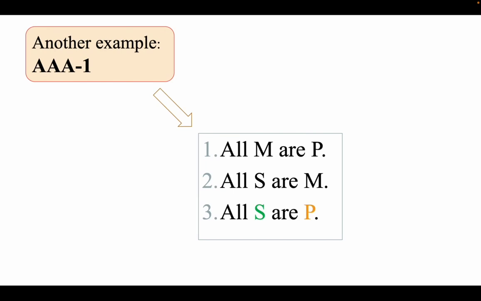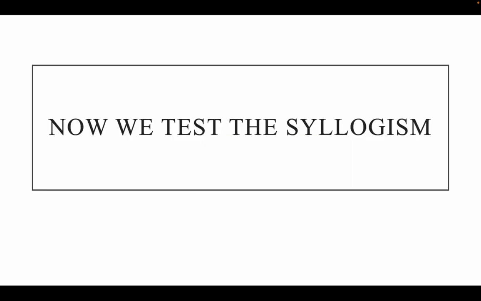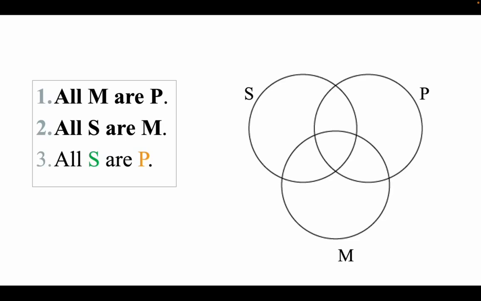Another example, AAA1. All right, so you write out the premises and the conclusion, and now you test it. How do you test it? Once again, you have 3 Venn diagrams, 3 circles overlapped, and you diagram only the premises.